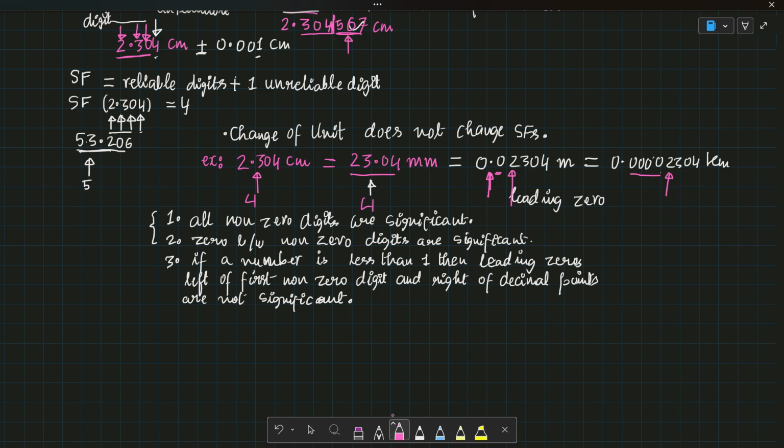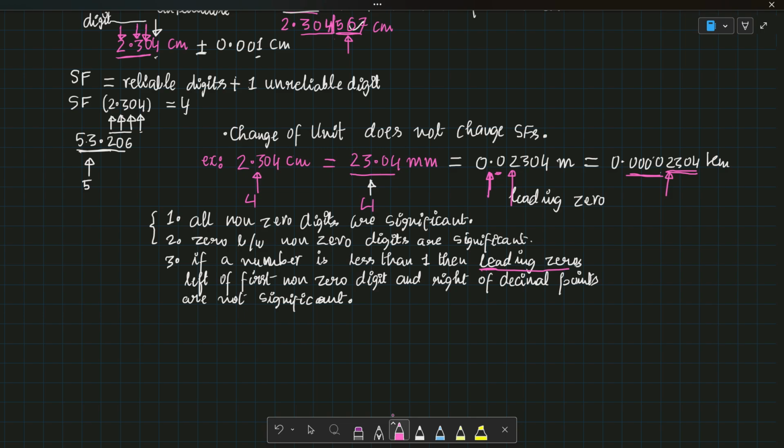So what is the rule for leading zero? Zeros to the left of the first non-zero digit and to the right of the decimal point are not significant. So these zeros are not significant, and thus we still have 4 significant figures. The rule is the same: change of unit must not change the significant figures.